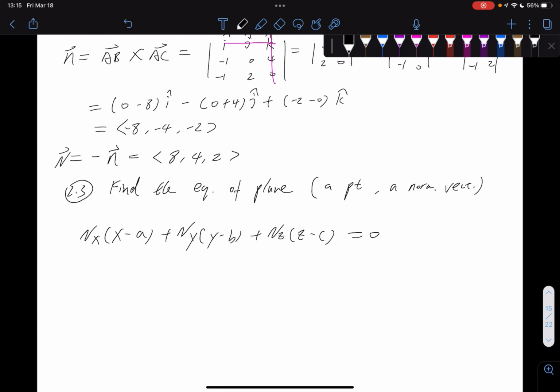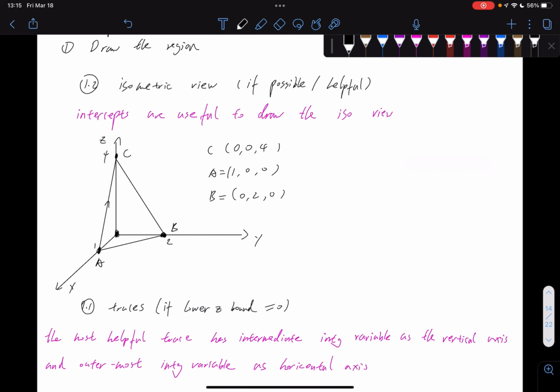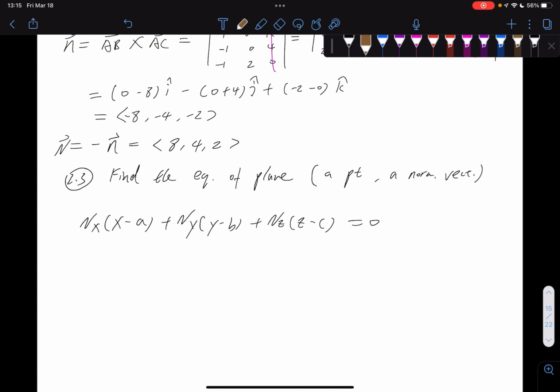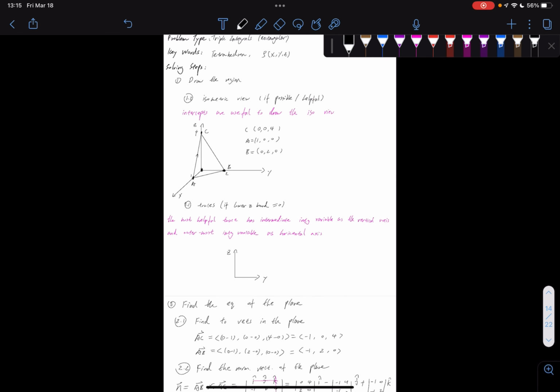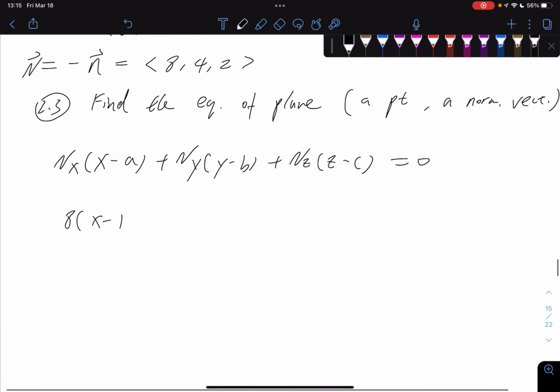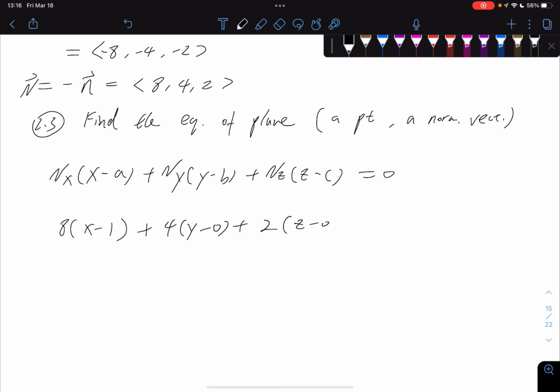Then we can just find a random point in the plane. So why not just use the coordinate A, which is 1, 0, 0. That will give us 8 times x minus 1, plus 4 times y minus 0, plus 2 times z minus 0, equals 0.